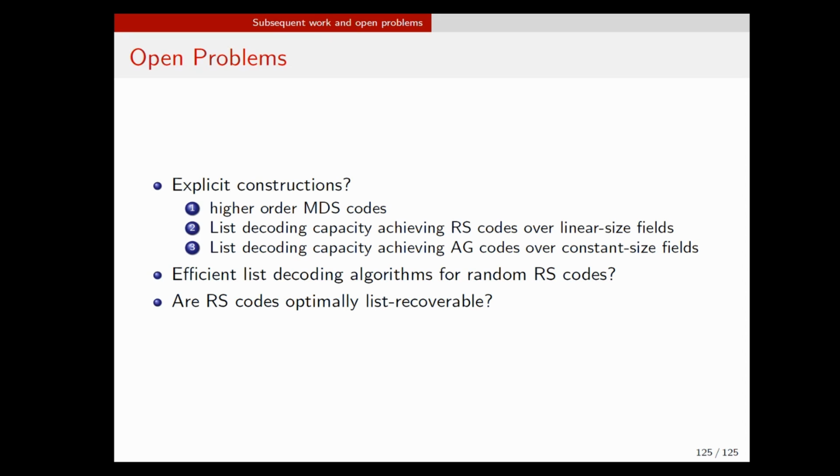Yeah. So your field size is exponential in 1/epsilon. That's a very good question. I'm not sure, because clearly there have to be some codes which do better than a lower epsilon, since random nonlinear codes do better. But random linear codes seem to be stuck at a lower epsilon.